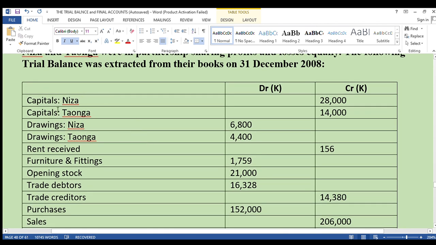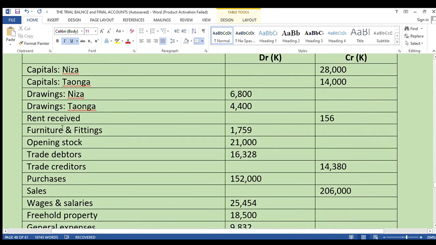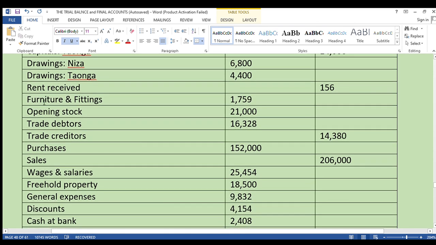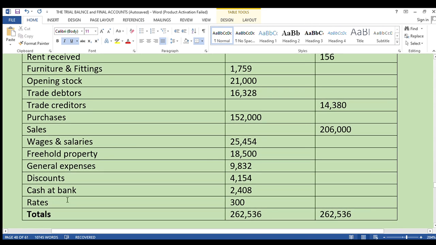So we have capital that was contributed by Niza and Taonga. We have drawings, and that is the money that Niza and Taonga withdrew from the business. Then we have rent received, furniture, stock, trade debtors, trade creditors, purchases, sales, wages and salaries, freehold properties, general expenses, discounts, cash at bank, rates.